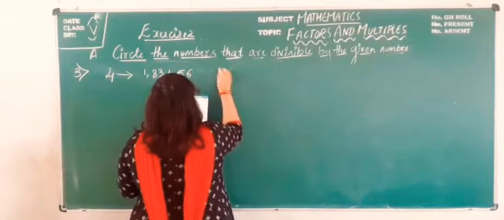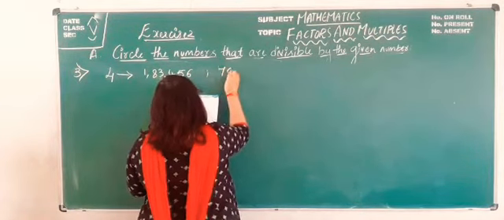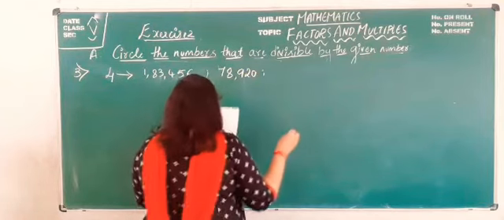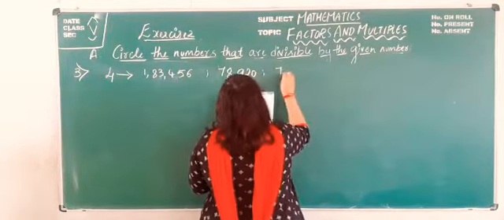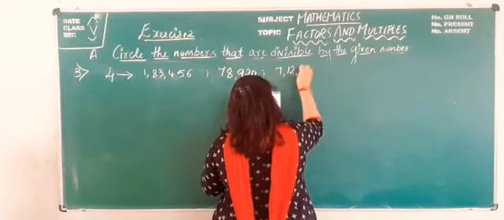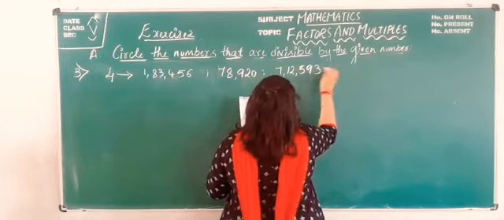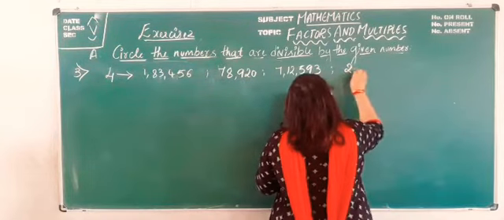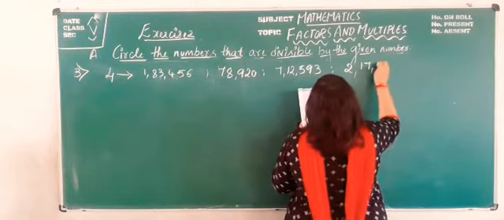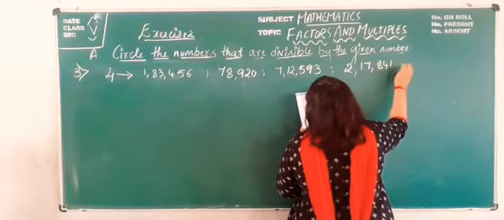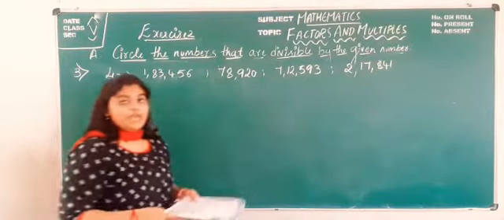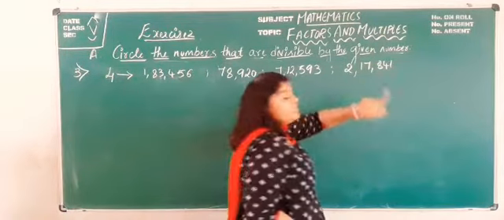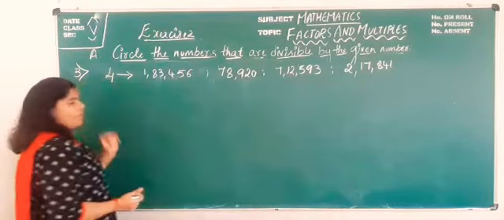Next, 78,920. Next, 7,12,593. Next, 2,17,841. Now we have to check whether these four numbers are divisible by 4 or not.